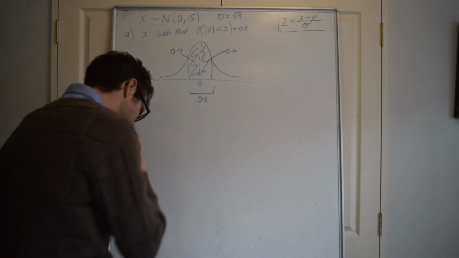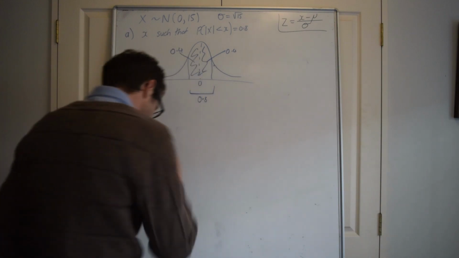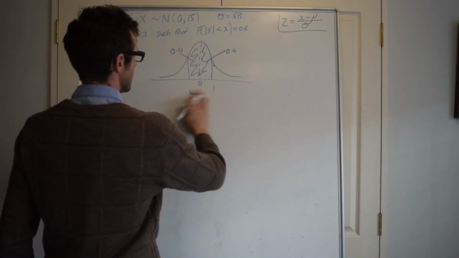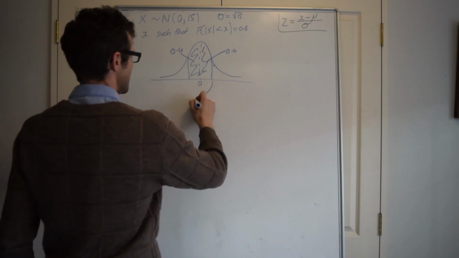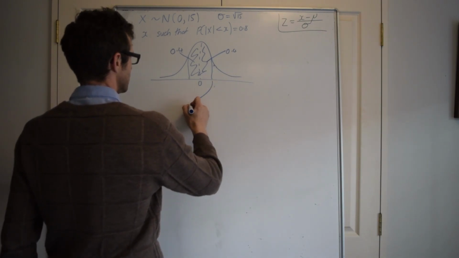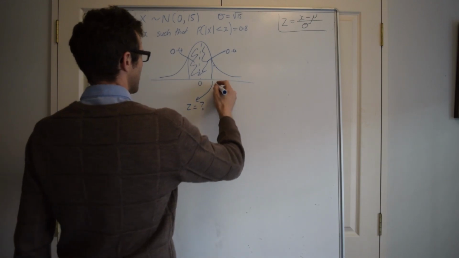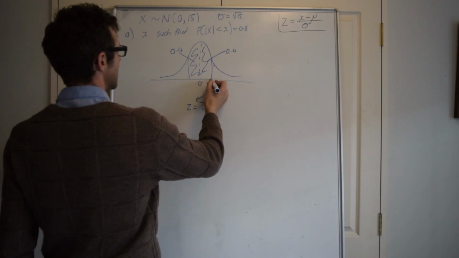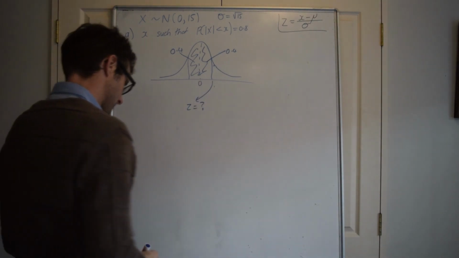Now, what is the probability of that? Well, first of all, I reckon what we want to do is find the z value here. This is at 0.4 above this point here.